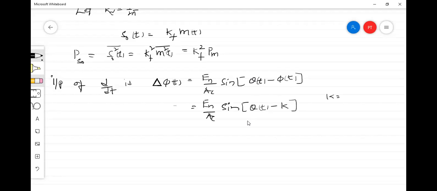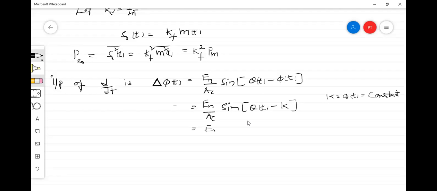Where k is equal to phi of t, equal to a constant. Now expand by using the trigonometric identity for sine of a plus or minus b.